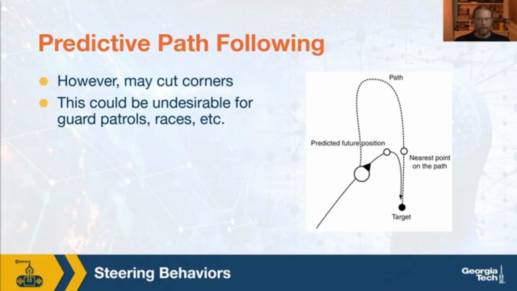So your agent might predict a future position, as depicted in this figure from Millington's Game AI book, figure 3.17, and it shows how the predicted future position might cut off a corner. That would probably not be desirable if you want a guard to go on a particular patrol and truly visit different points along the path.